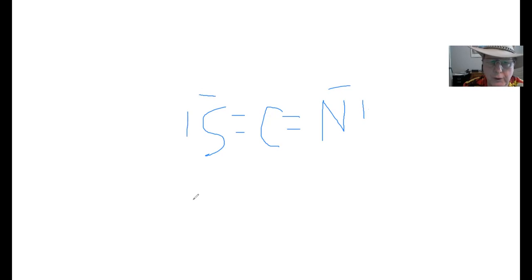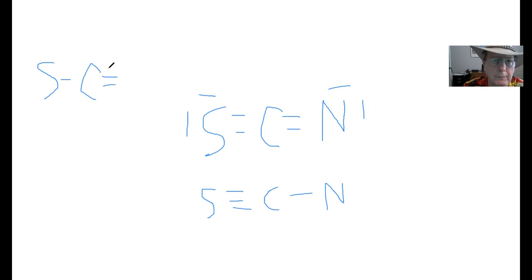I can draw it this way, or this way, or I could draw it this way. Does this have resonance? Yes. If I can manipulate the double and triple bonds, then yes, it does.